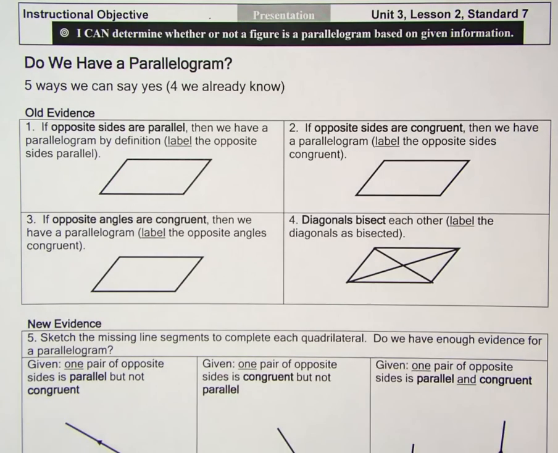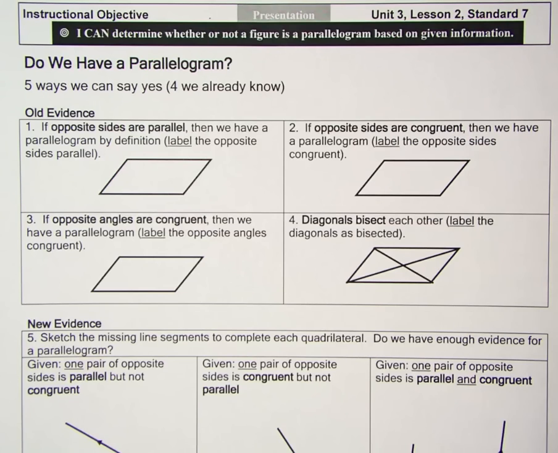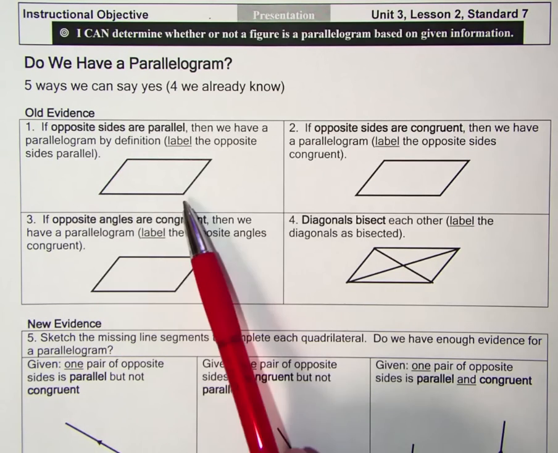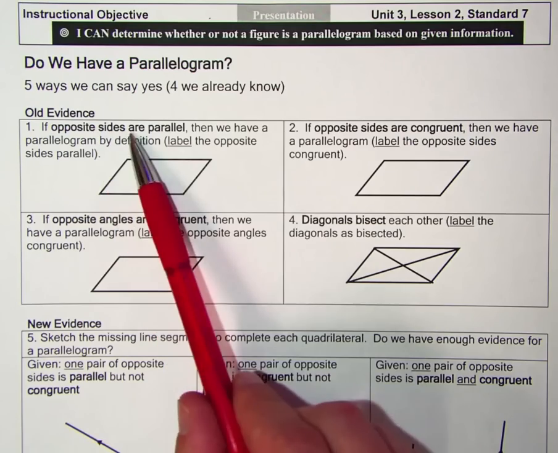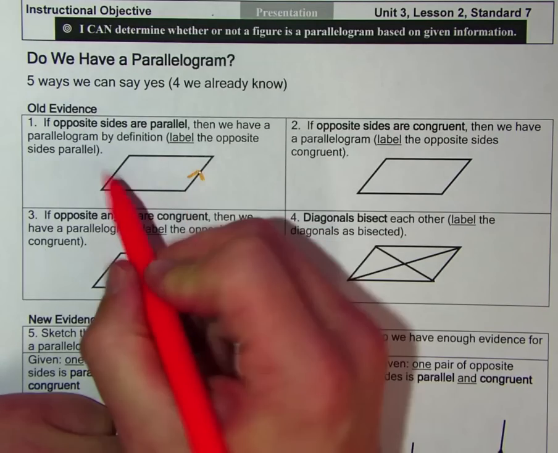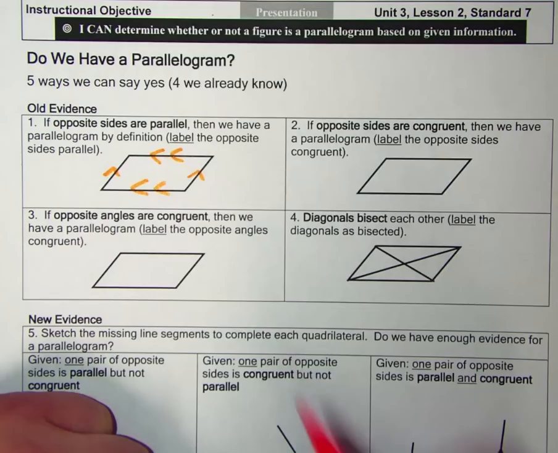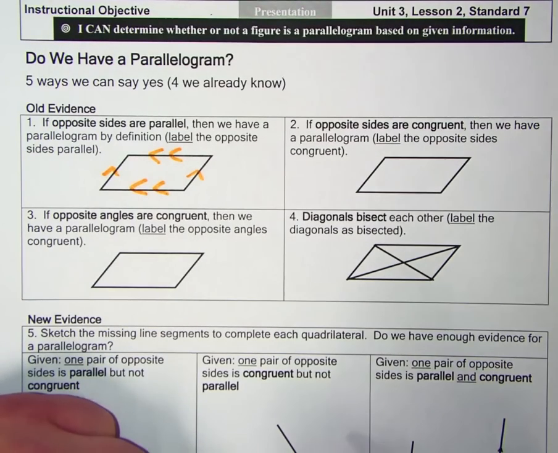And there's 5 ways that we can say yes, and 4 of them we already know from the previous lesson. Here's the old evidence, and I'm going to mark up as I go. One way you know that you have a parallelogram is if the opposite sides are parallel. So if this side here and this side here are parallel, and these are parallel, you have to have a parallelogram.